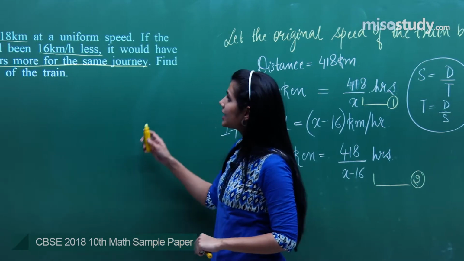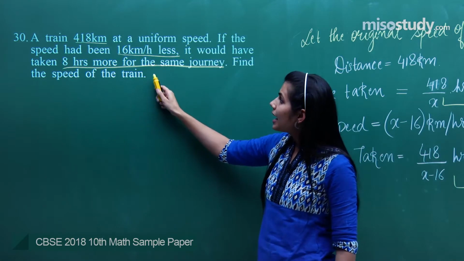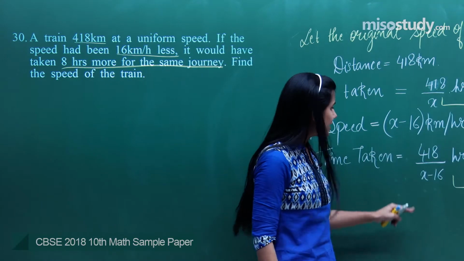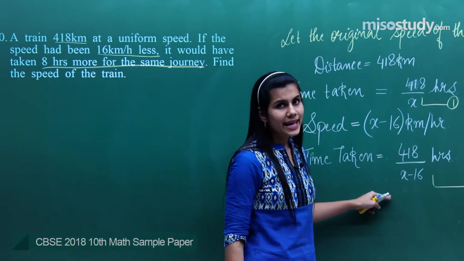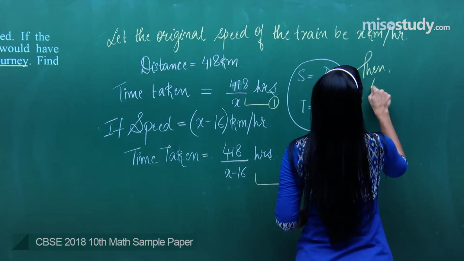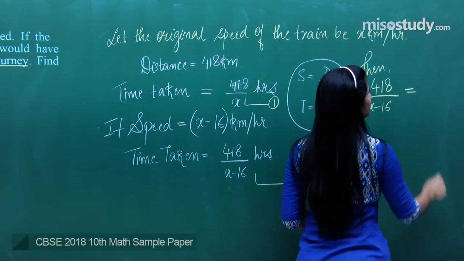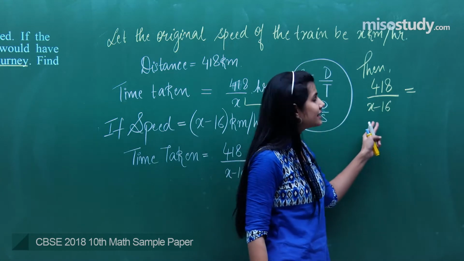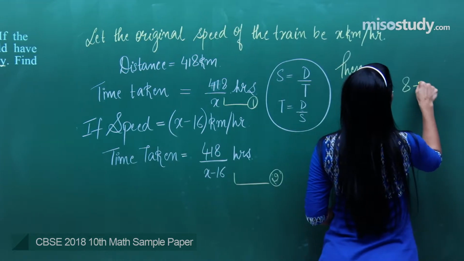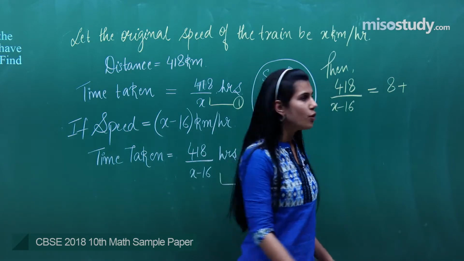The question is saying that if your speed is x minus 16, then the time is 8 hours more than the original time. The time taken when the speed was x minus 16 is 418 upon x minus 16. The question is saying that this time is 8 hours more than the original time, which is 418 upon x.